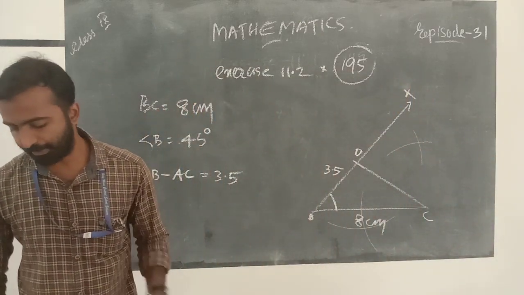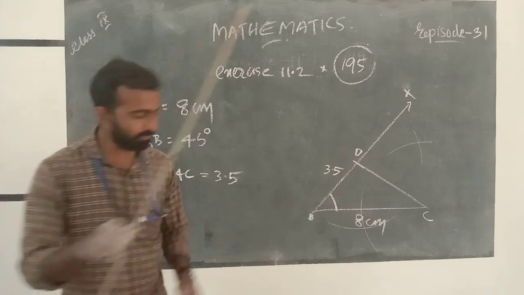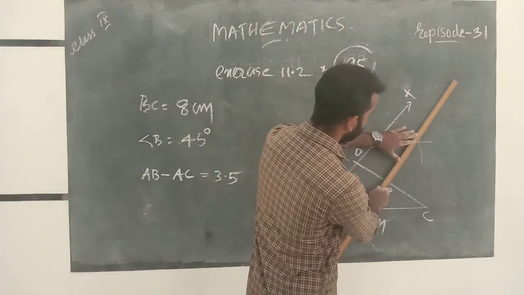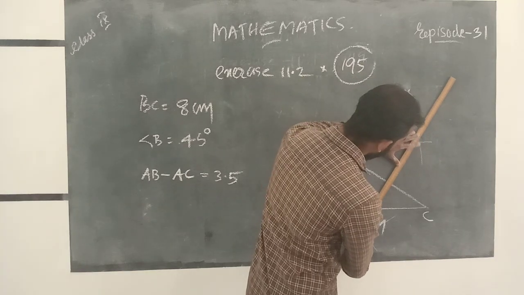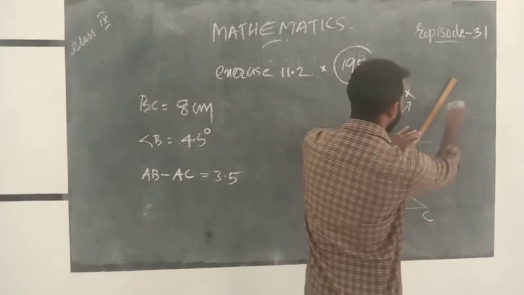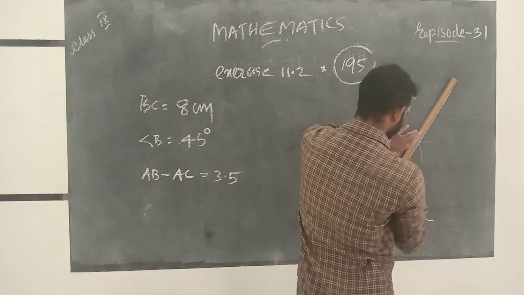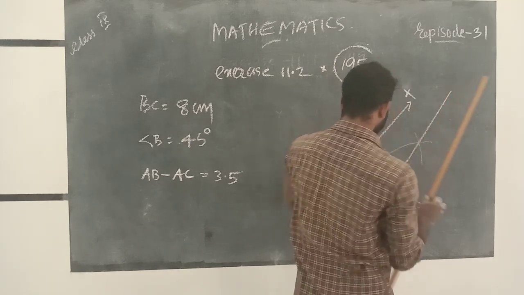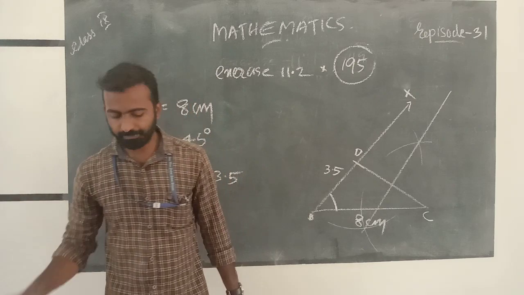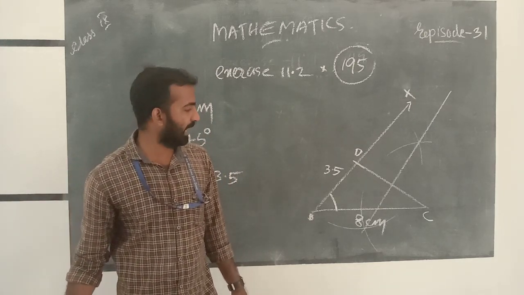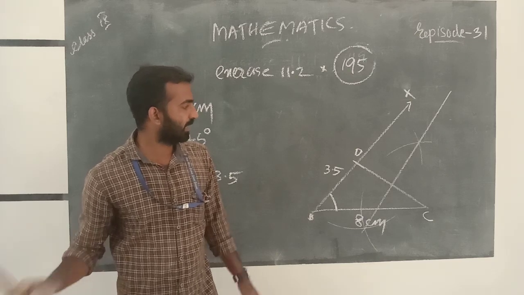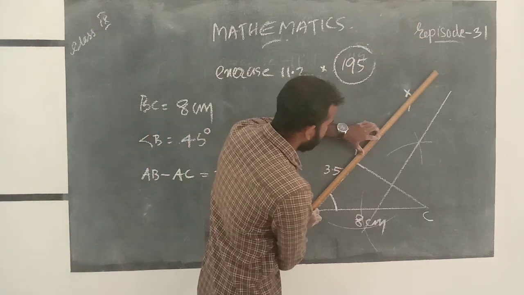And draw the perpendicular bisector. Next, let it intersect BX. That is, this is intersecting.